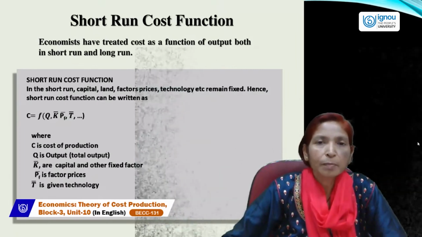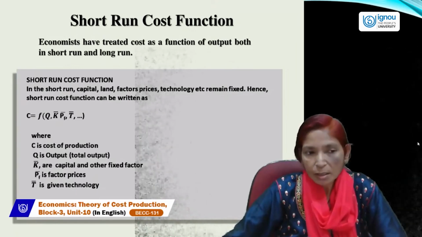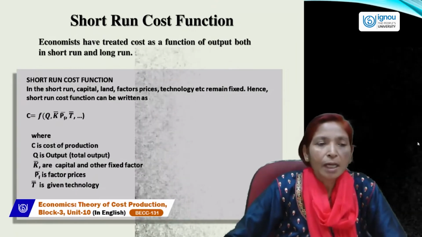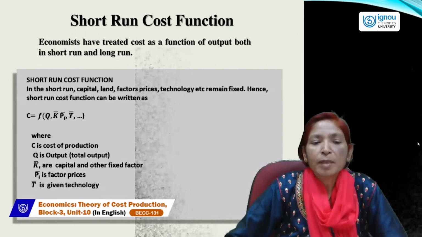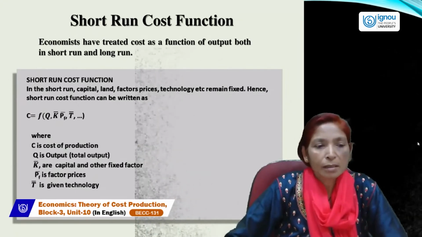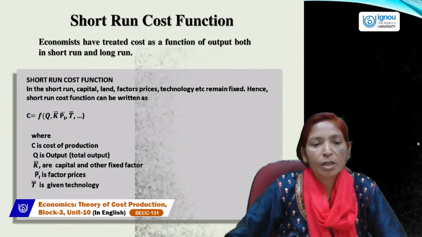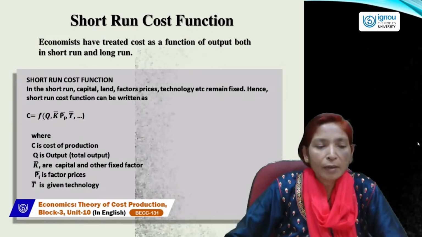Total output is represented by Q. So C is the cost function or cost of production, and F is the function of output. K bar means capital, which is fixed. P bar is the price of factors, which remains fixed, and T bar is technology, which is already given.